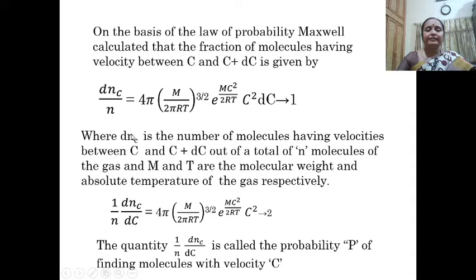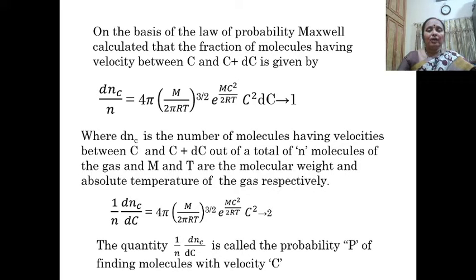Here dNc is the number of molecules having velocity between c and c plus dc out of total N molecules of the gas, and m and T are the molecular weight and absolute temperature of the gas respectively.